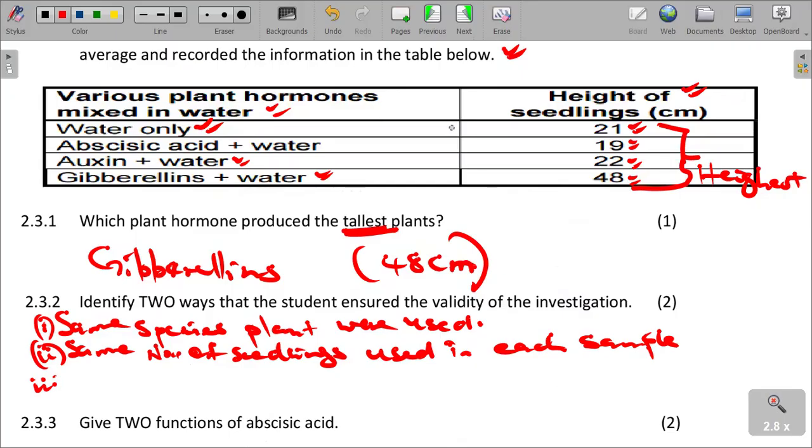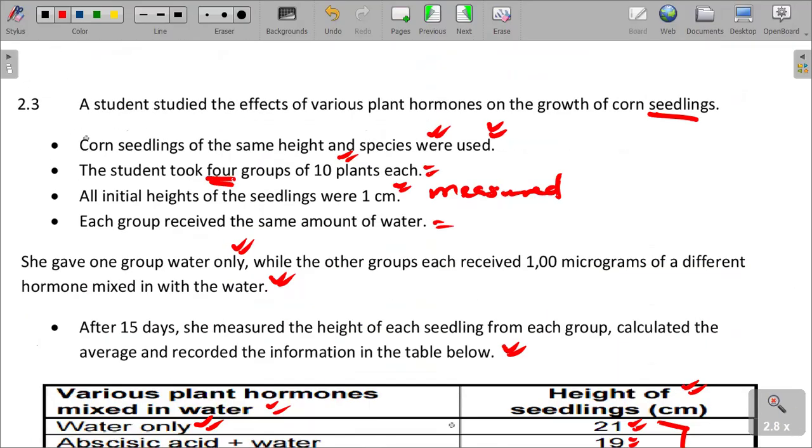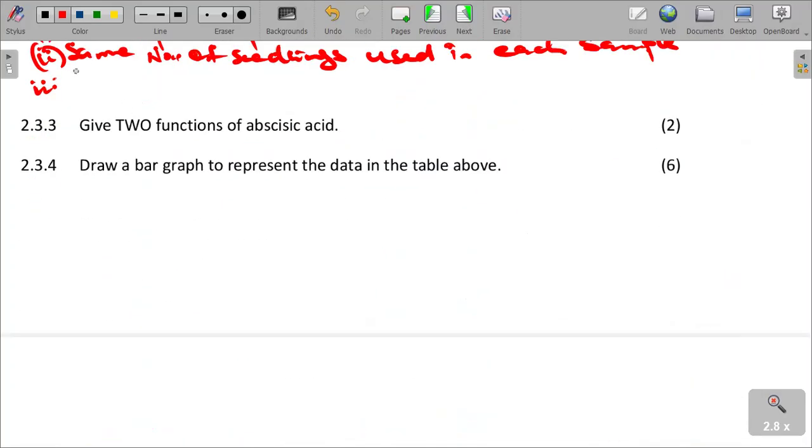We also have the same height of plants used, where all initial heights of the seedlings were 1 centimeter. So the same height of seedlings was used.